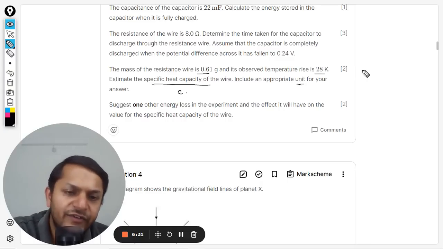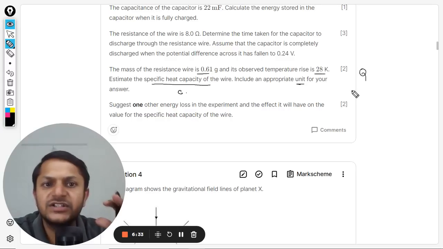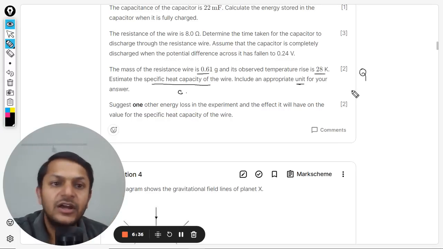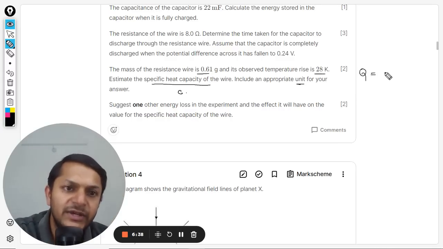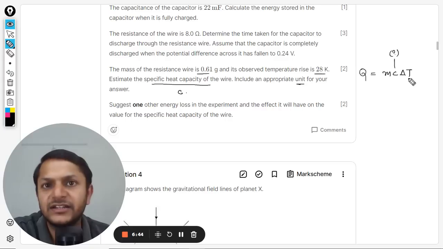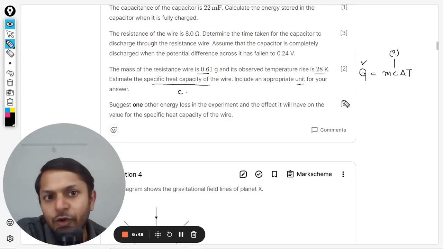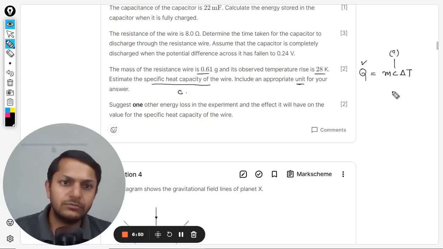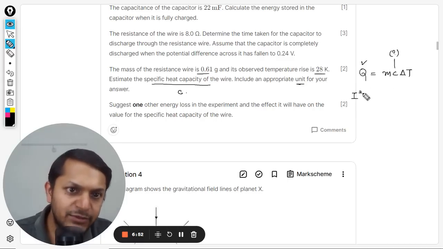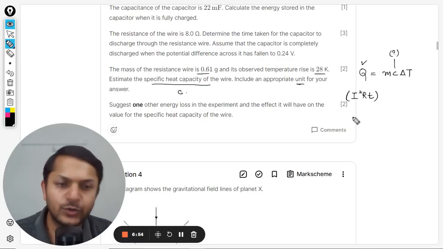So definitely we will first find the total amount of energy which is lost in the resistor, and that energy will be equated with mc delta t clearly, and c is the unknown, m is given, delta t is also given. Now, how are you going to find the value of Q? It is highly tempting to use this formula I square RT.